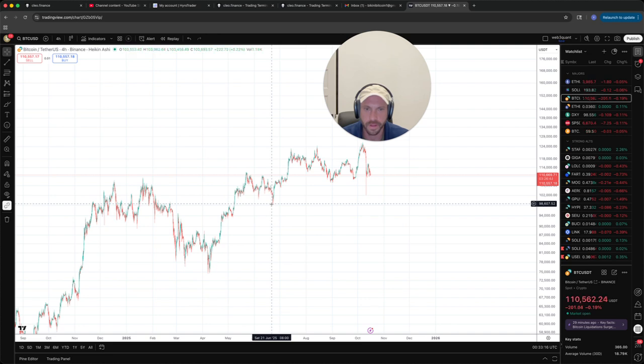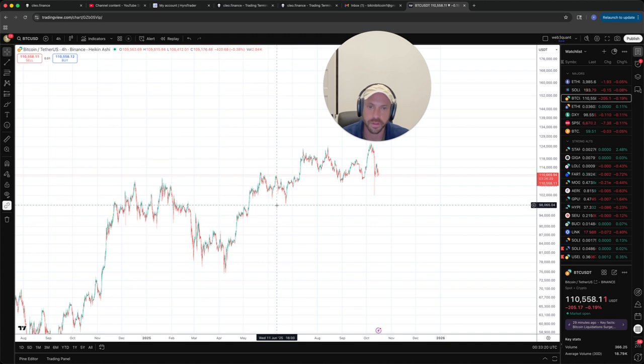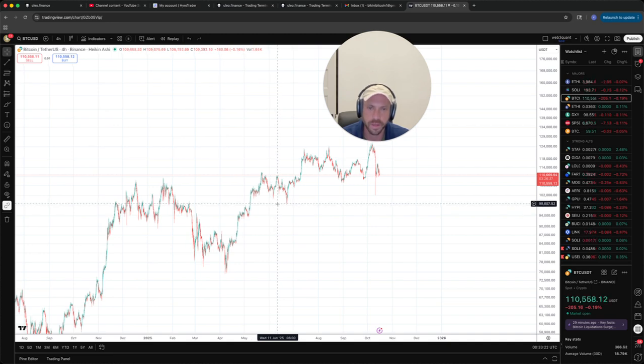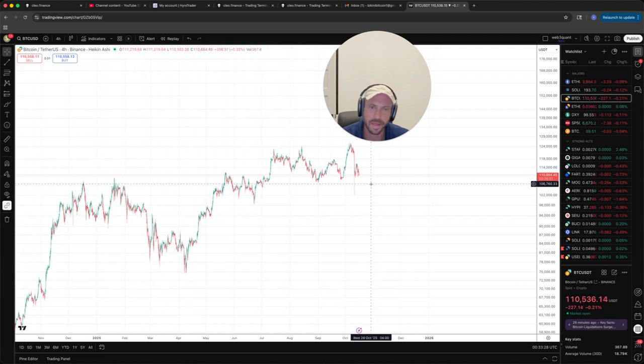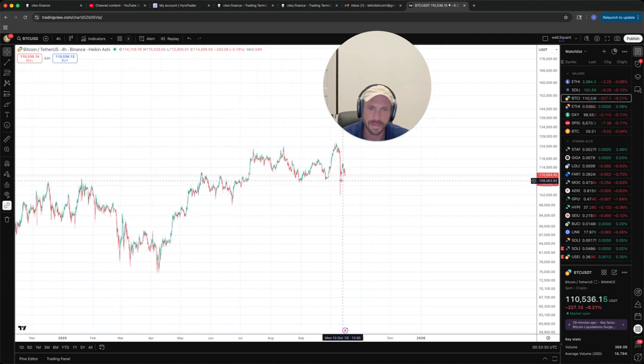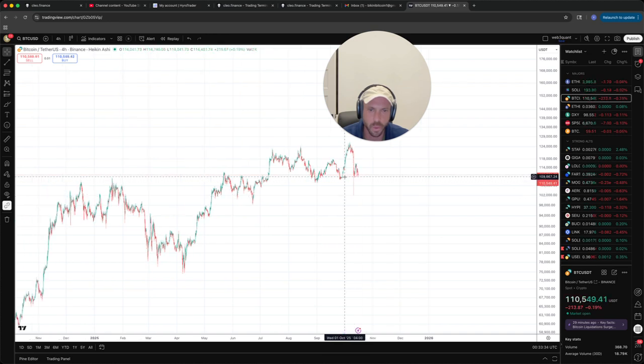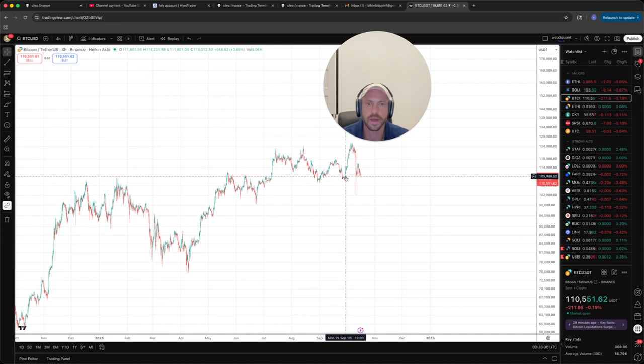Then you have this right here, right under 100,000. And then from there it went up. And then this is obviously a liquidation wick. It's really hard to take this wick super seriously. I tend to look more at the candles. So that is how I'm looking at that.